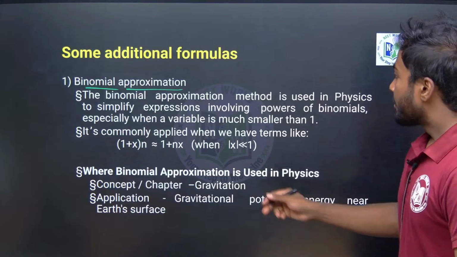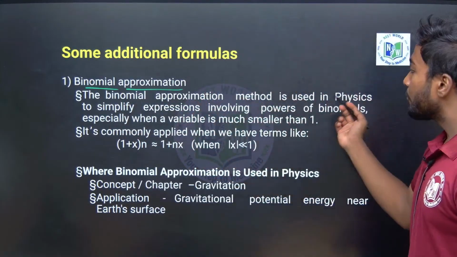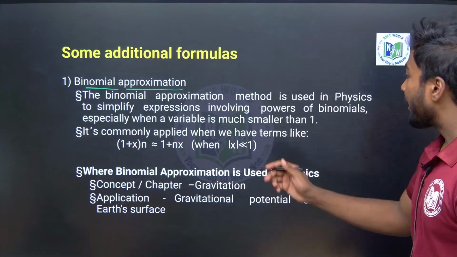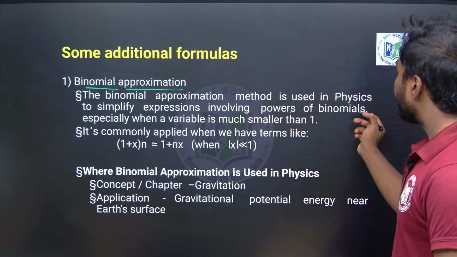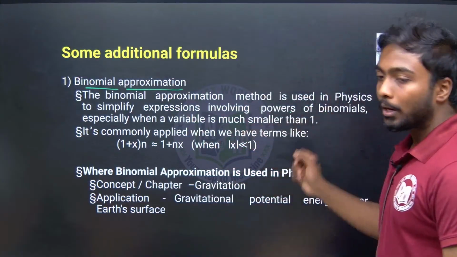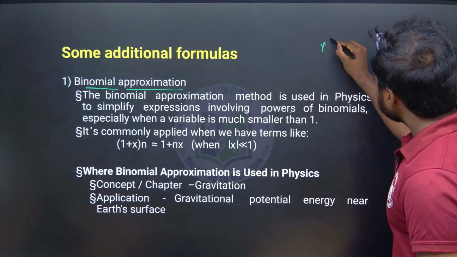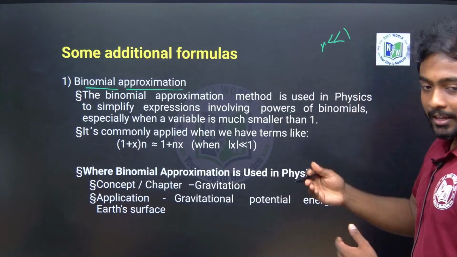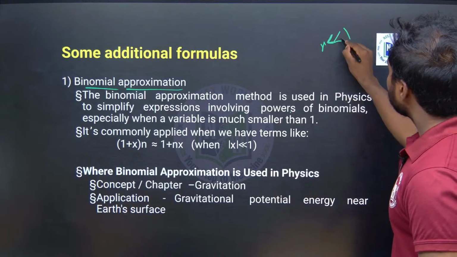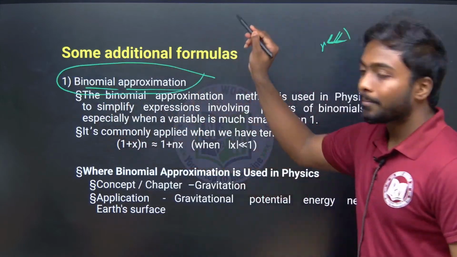First one, the binomial approximation method is used in physics to simplify expressions involving powers of binomials, especially when a variable is much smaller than 1. Suppose I take the variable x, if x is much smaller than 1, I can use the binomial approximation method.